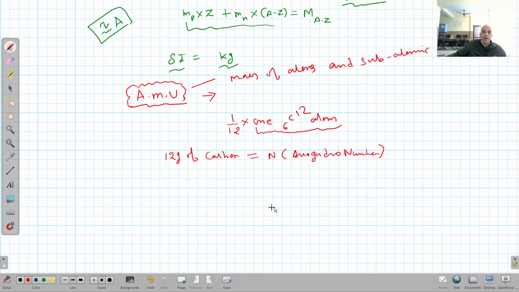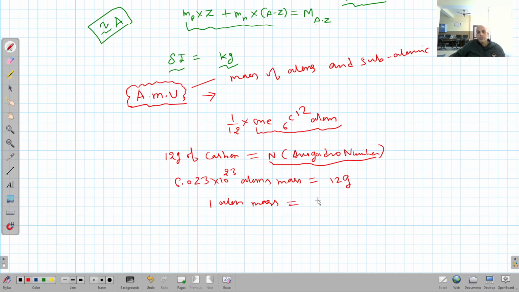So 12 gram of carbon is equal to N number of atoms, where N is Avogadro's number. Its value is 6.023 into 10 raised to power 23 atoms, with mass equal to 12 gram. So what is the mass of one atom? One atom mass is equal to 12 divided by 6.023 into 10 raised to power 23 gram.